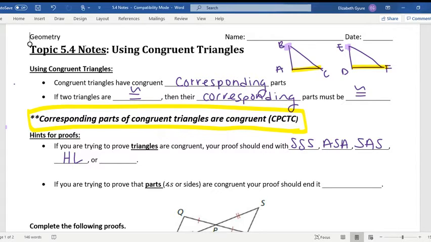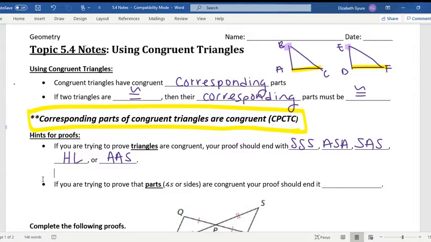Yep, angle, angle, side. Okay, so if your proof says prove triangle ABC is congruent to triangle DEF, your proof must end in one of these 5 theorems. However, if you're trying to prove that parts are congruent, and by parts, I mean angles or sides.